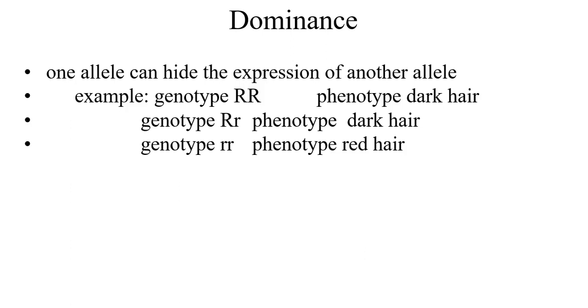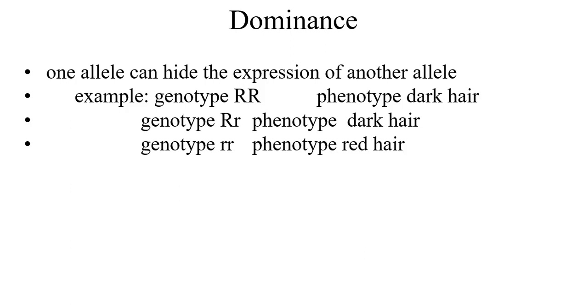And so with dominance, one allele can completely hide the expression of the other allele. So you notice in the examples given here on this screen, you have the possible genotypes, big R, big R, big R, little r, little r, little r.